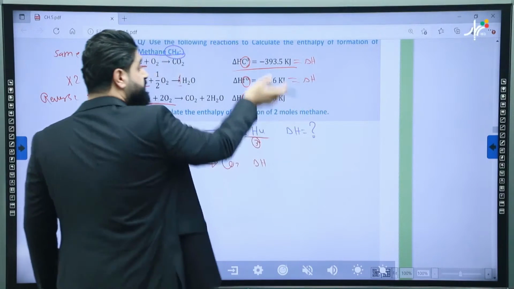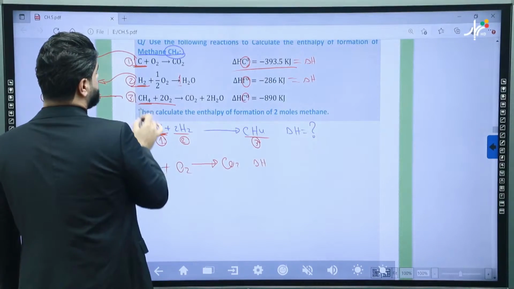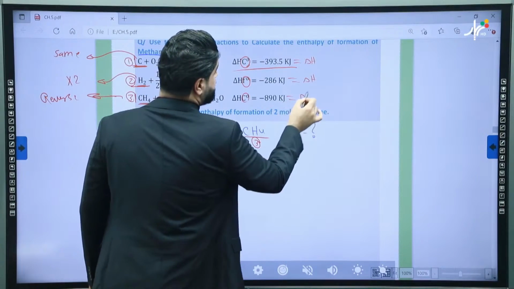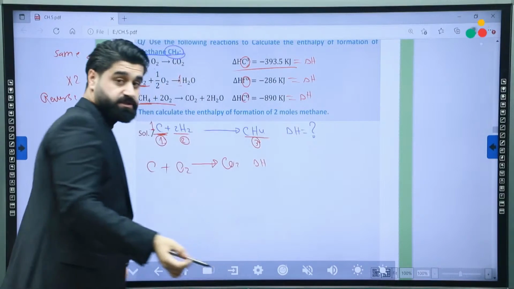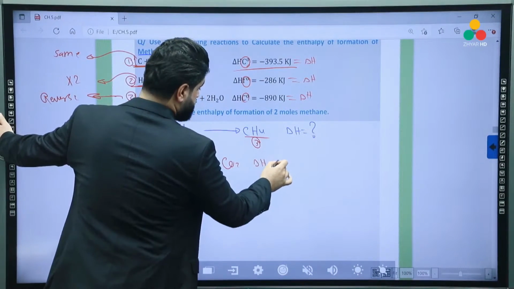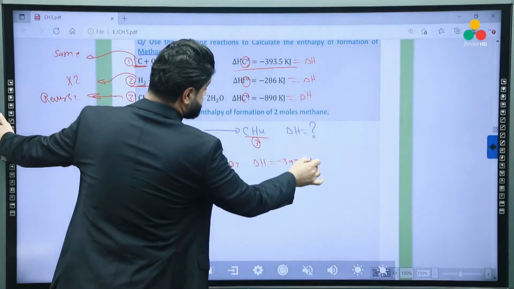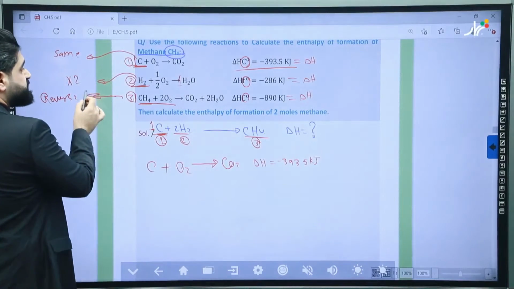So suppose that each of them is delta H. Look, combustion of 1 mole, delta HC equals delta H, okay? So delta H equals negative 393.5 kilojoules. Second reaction times 2.